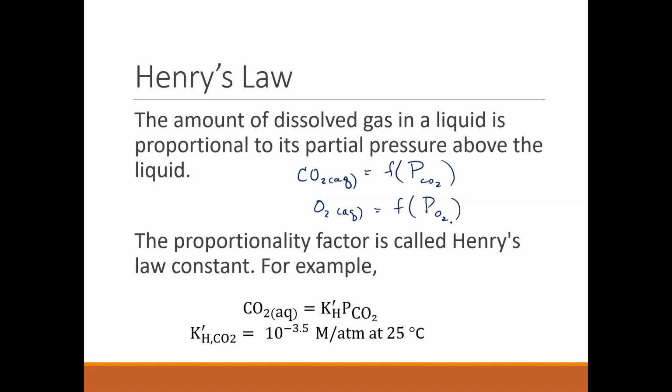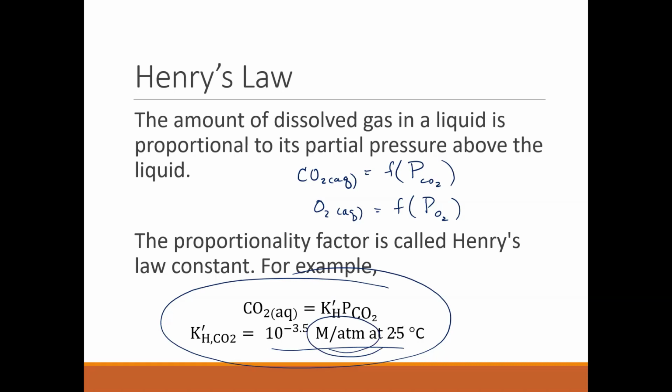And at low concentrations, it's linearly proportional. So we can write an expression like this that says the concentration of CO2 is equal to Henry's constant times the partial pressure of CO2. In this case, the Henry's constant is given in moles per atmosphere. Be really careful of the units.